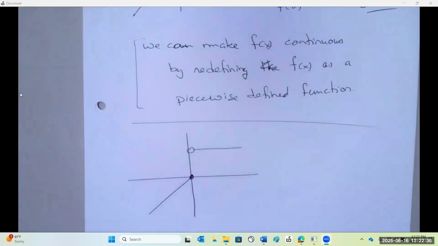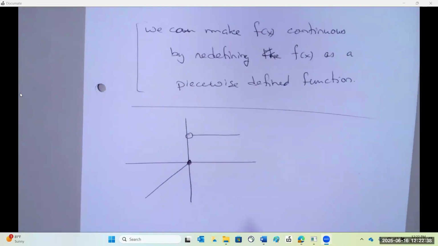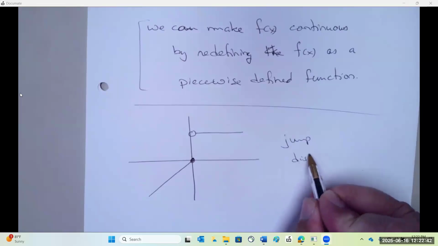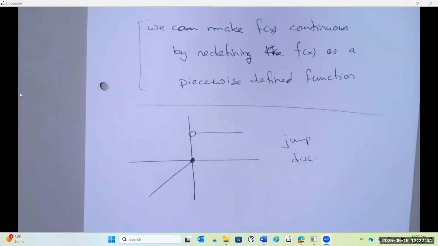Can we fix this type? What is this type called? We can't fix jump discontinuities because that would take rewriting the function itself, not just the domain.